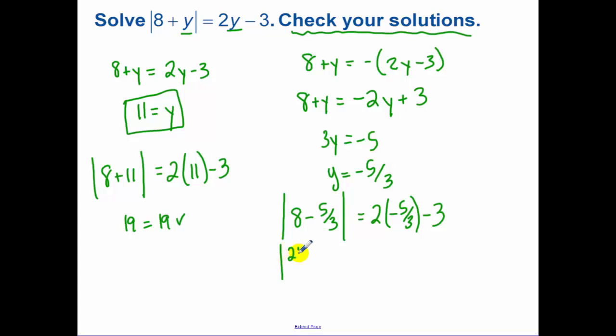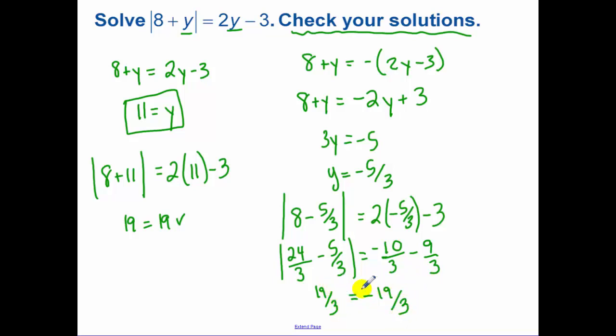Well, 8 is 24 thirds minus 5/3. That's going to be 19 thirds on the left. On the right, we have negative 10 thirds minus 3, which is negative 19 over 3.